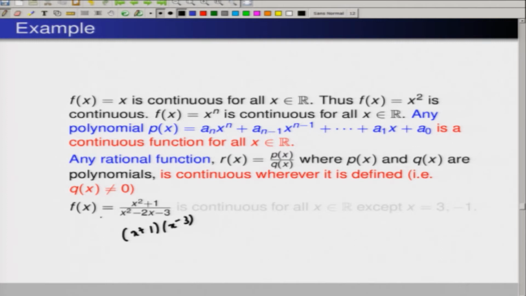Therefore, this function f is not defined at x equal to minus 1, and it is also not defined at x equal to 3. So, except at those points 3 and minus 1, this function f is a continuous function for all x except for 3 and minus 1.